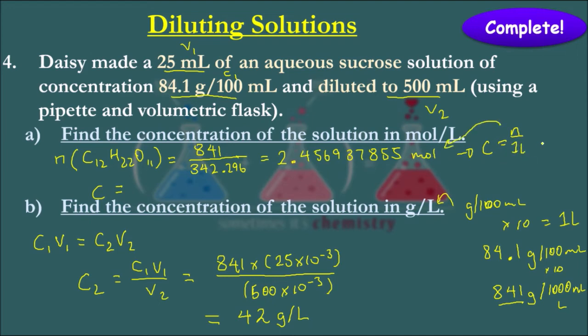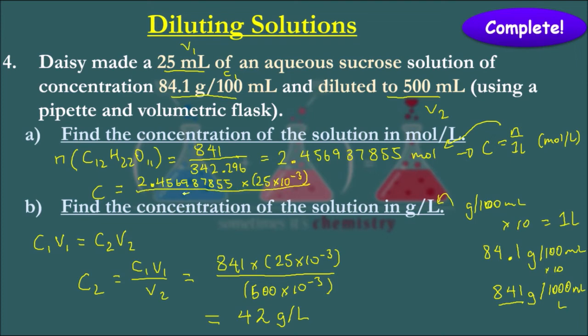So this number that we have here was actually the original concentration in moles per liter. So we have 2.4, and so on. We multiply that by the original volume, which is 25 × 10^-3 liters.